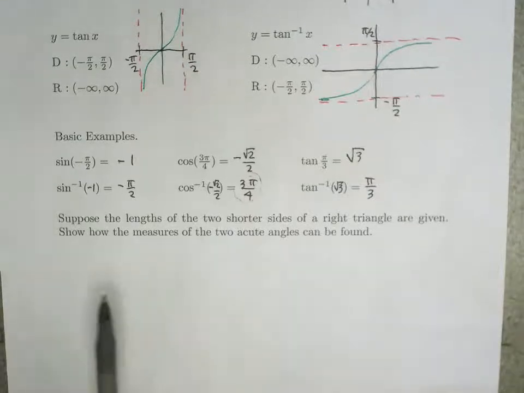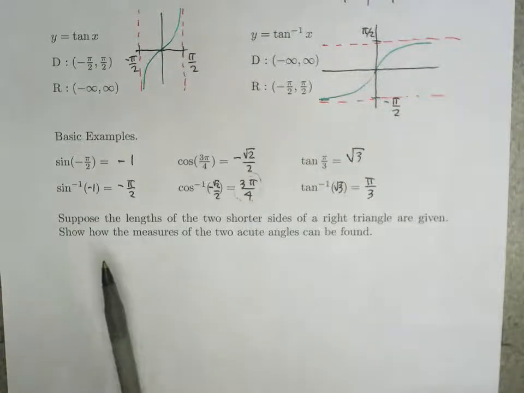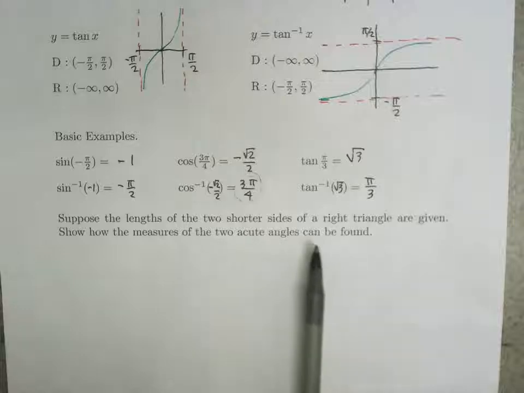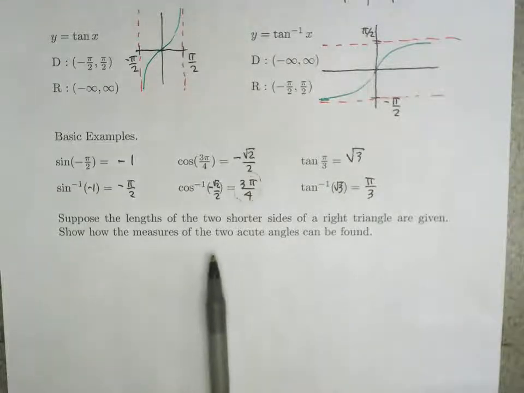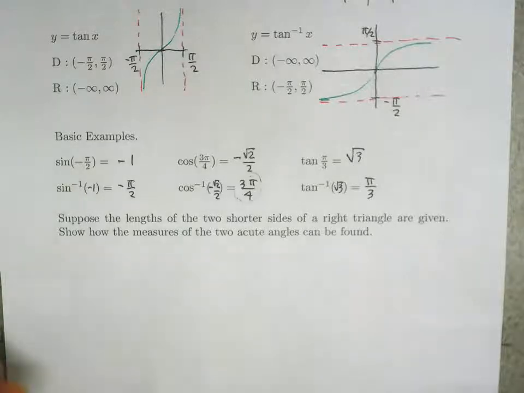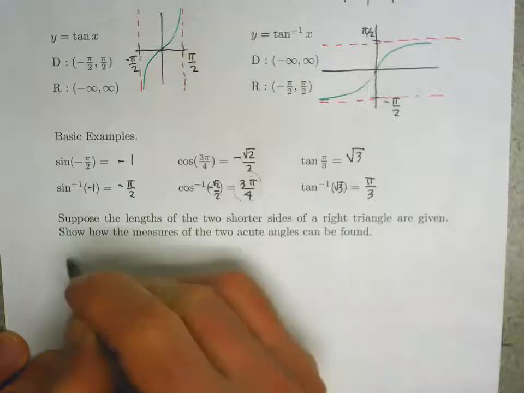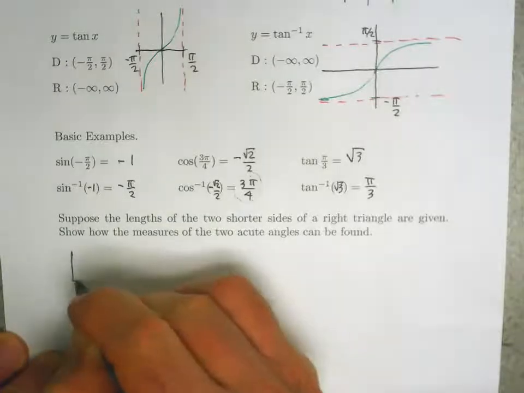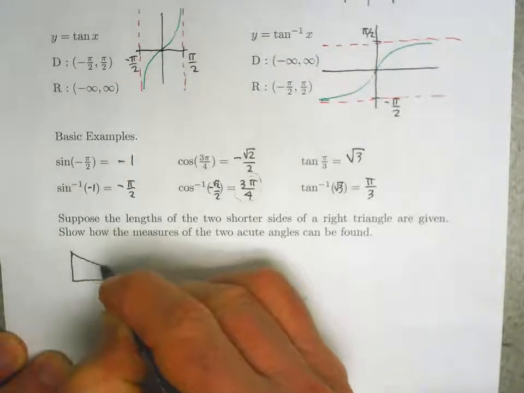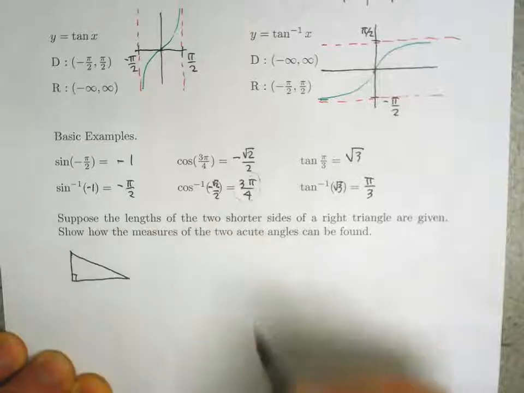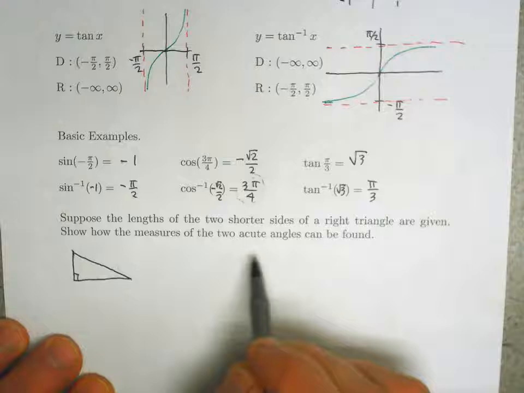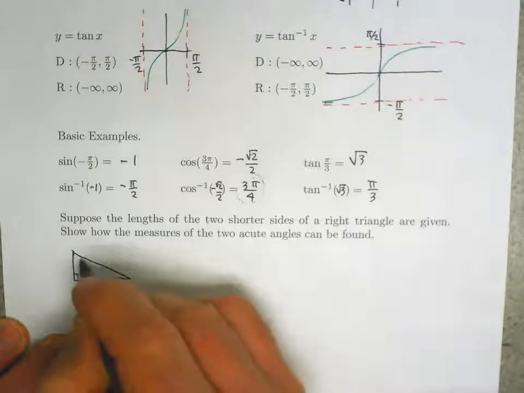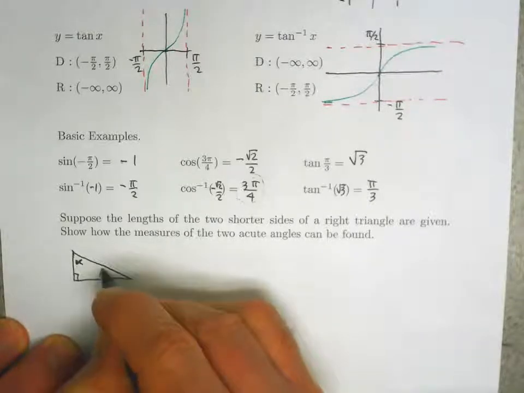Okay, in this next exercise, suppose the lengths of two shorter sides of a right triangle are given. Show how the measures of the two acute angles can be found. Okay, so we have a right triangle. And let's label two acute angles. I'll label one alpha and one beta.